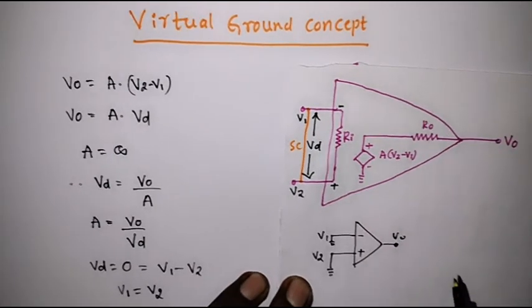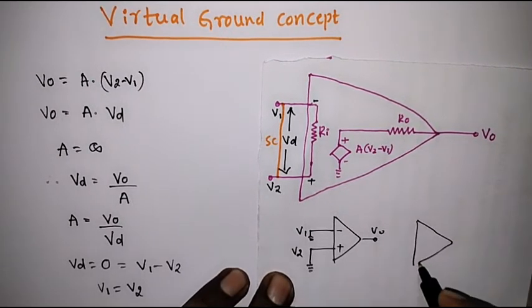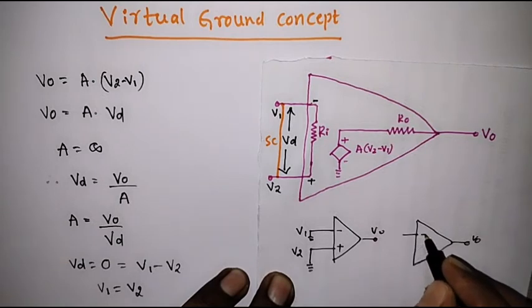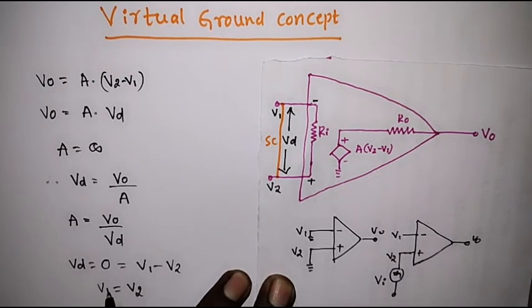Similarly, say this is VO, this is the V1 terminal and this is the V2 terminal. If some voltage Vi is applied to the non-inverting terminal of the op amp, that is V2, then according to this equation, V1 is equal to V2.